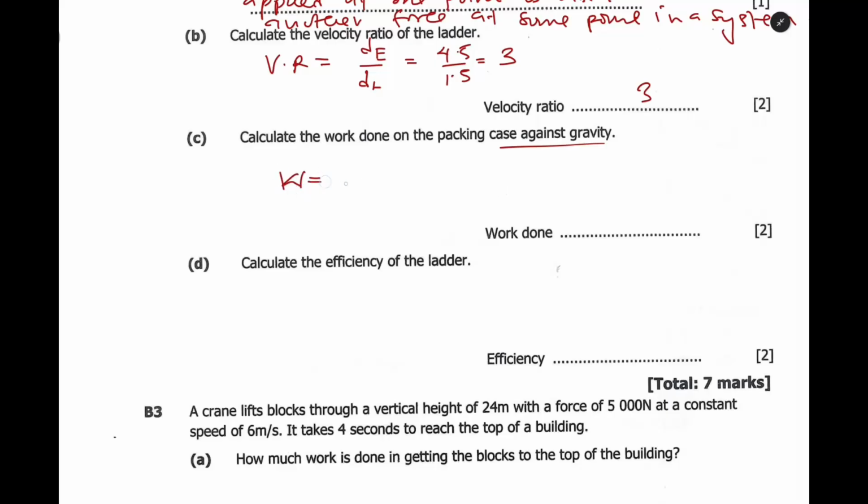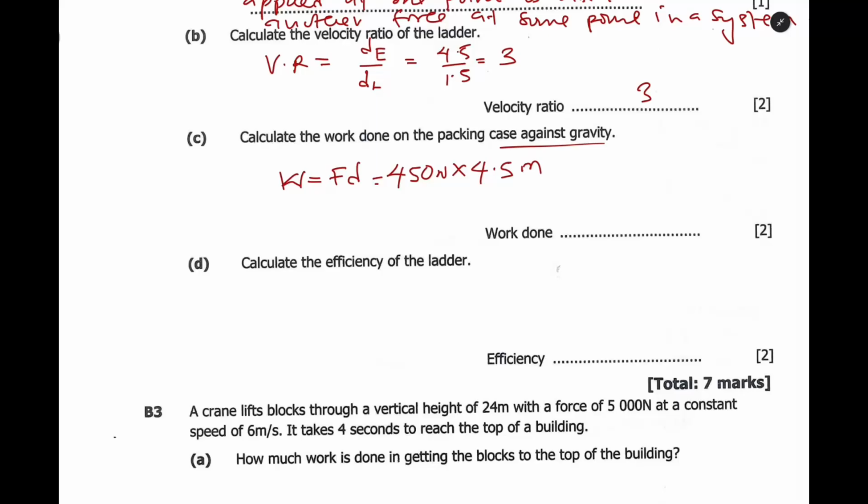So work done is equal to force times the distance. What is the force? The force is 450 Newton. Multiplied by, what is the distance? 4.5 meter. So distance has to be in meter.